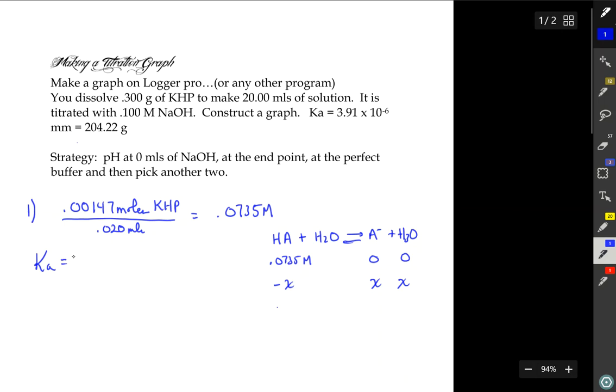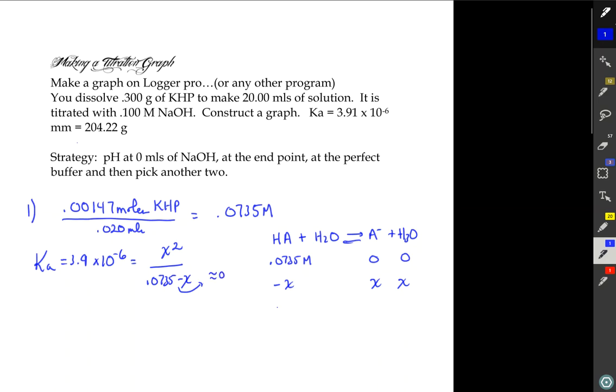Ka equals 3.9 times 10 to the negative 6 equals x squared, those are my two x's for A minus and H3O plus, over 0.0735 minus x. And of course, we're going to assume that this x is very, very small.